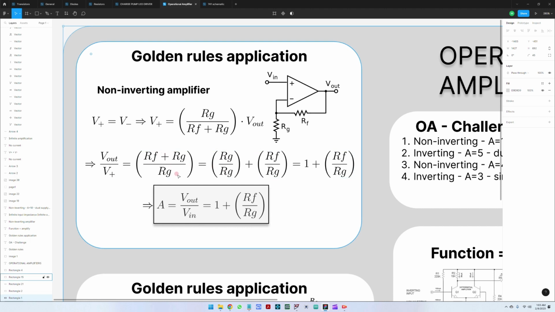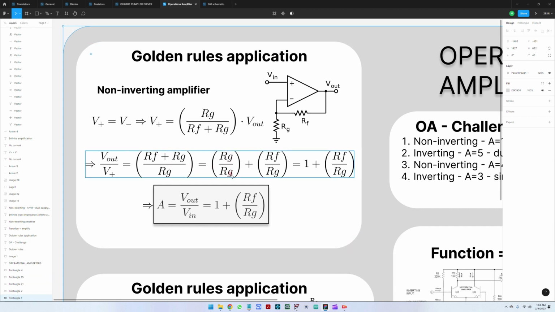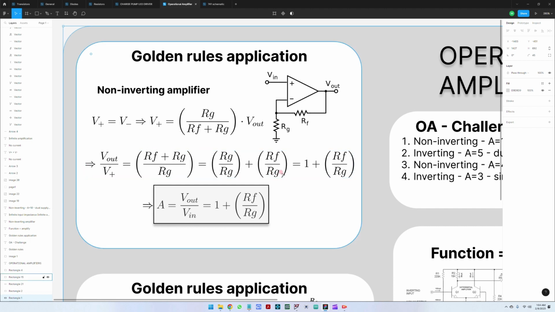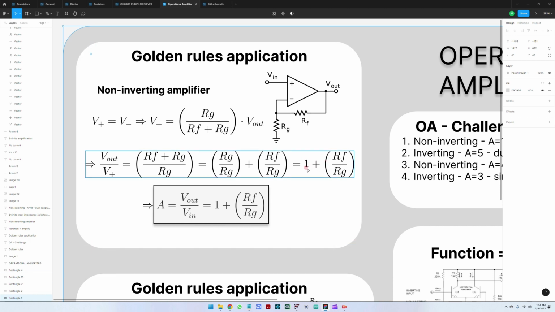And of course, if we split this fraction, we get Rg divided by Rg plus Rf divided by Rg. So this means that the amplification for the circuit is 1 plus Rf divided by Rg.